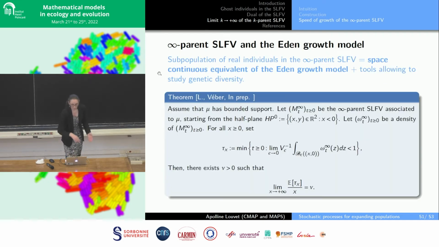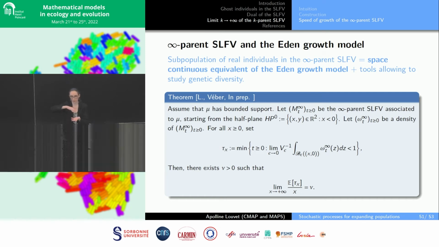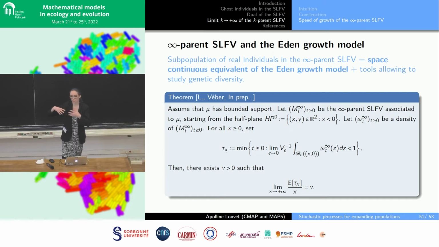From a modeling viewpoint, one interest of the limiting process is that it seems to be a space-continuous equivalent of another stochastic population growth model, the Eden growth model, which is well accepted as a stochastic population growth model for colonies of bacteria, for instance, but which, at least in its initial versions, is discrete in space and makes it hard to study genetic diversity.